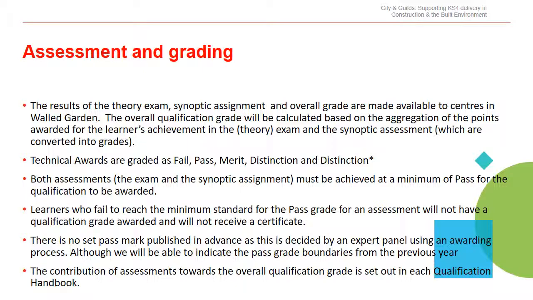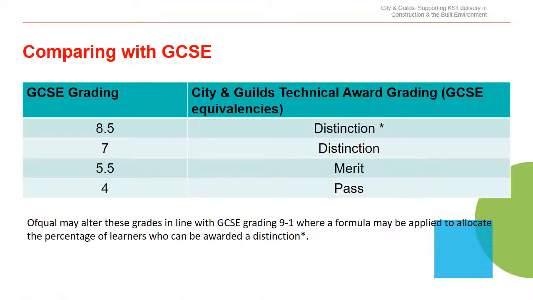The contribution of assessments towards the overall grade is set out in each of the qualification handbooks. This slide shows the points awarded against a GCSE qualification. You will see that the technical award only has 4 possible grades instead of a GCSE, which now has 9 possible grades. All technical awards are set at level 2, which is equivalent to GCSE pass grades of 4 to 9 only.